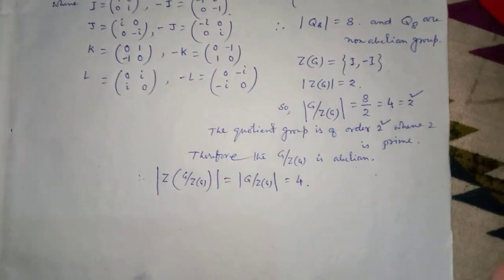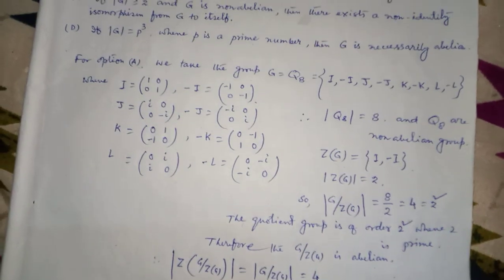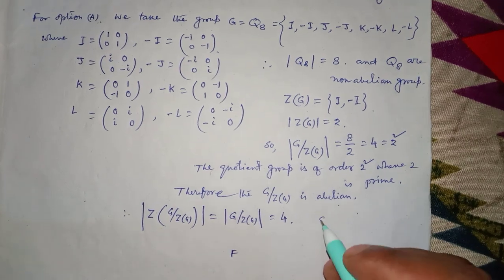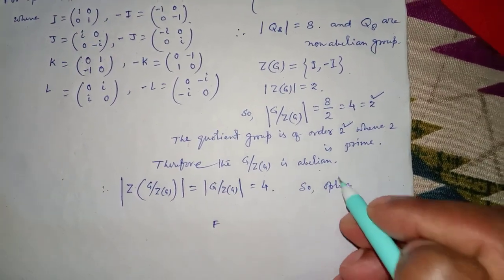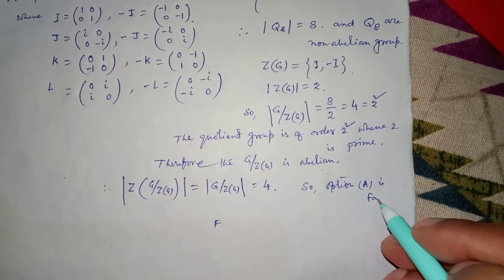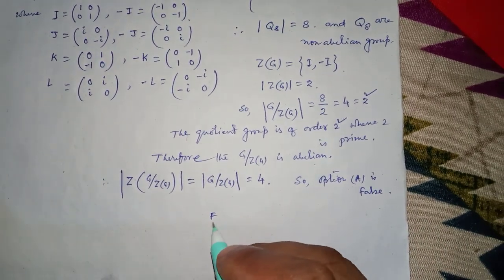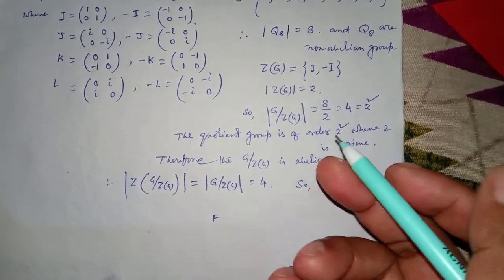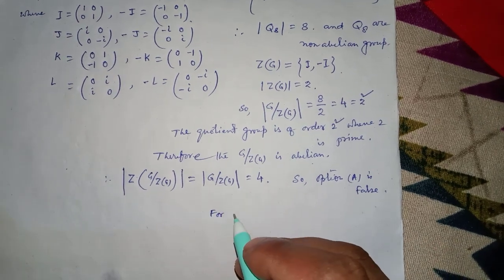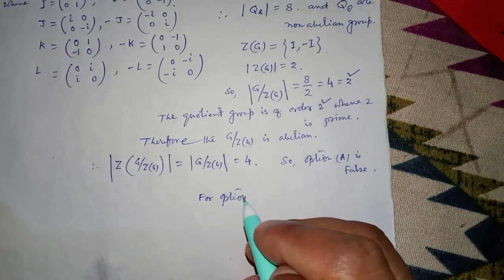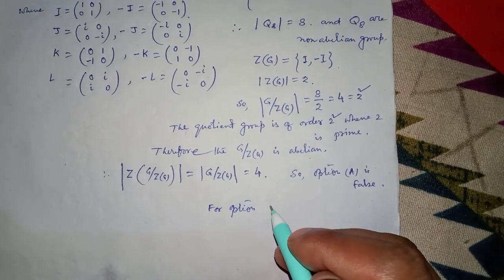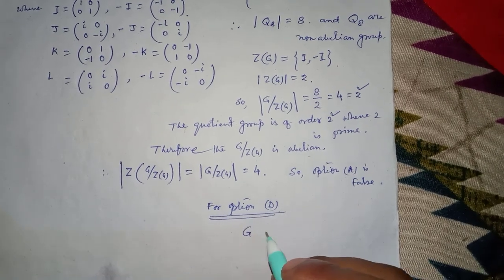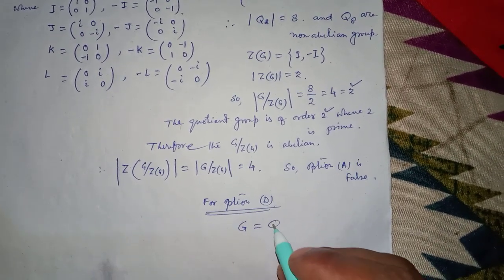We are taking the same example of the group for option D. For option D, we are taking the group G equal to Q8.